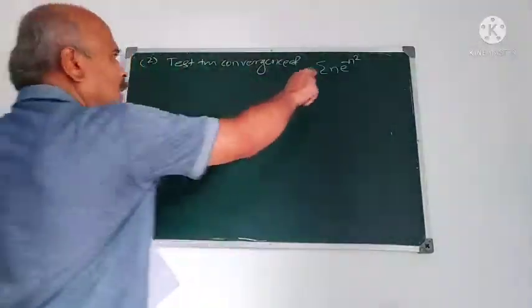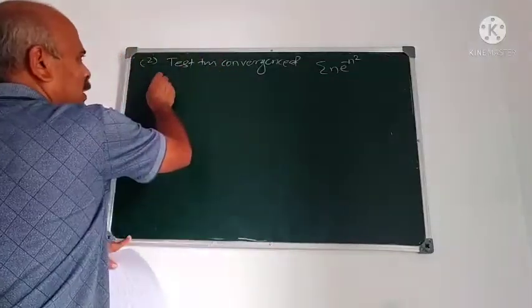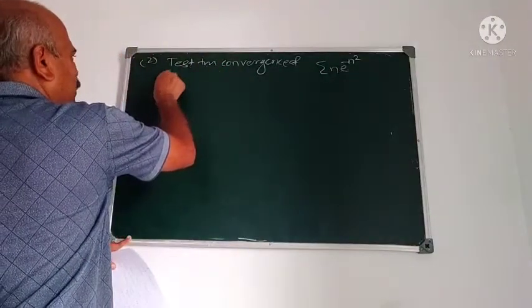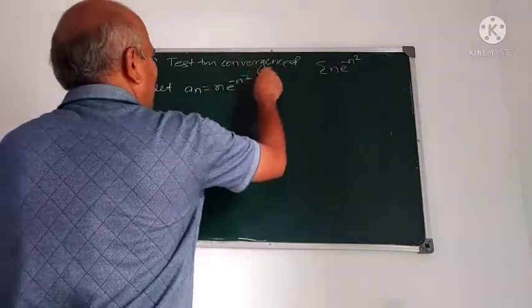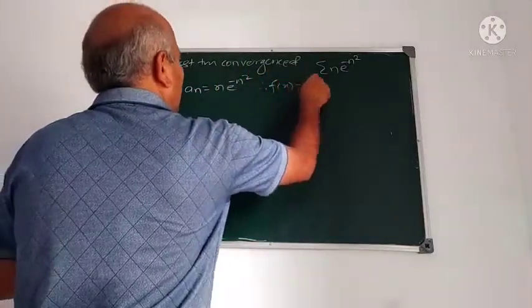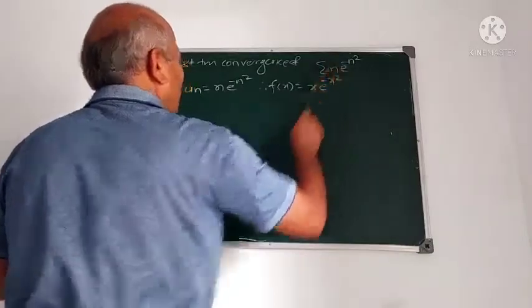In this case, we apply Cauchy's integral test. Let a_n be n e raised to minus n square. Therefore, f(x) is x e raised to minus x square.